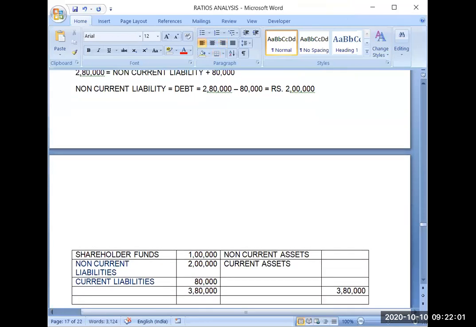So I will write here shareholder fund is equal to total assets minus non-current liability minus current liability.